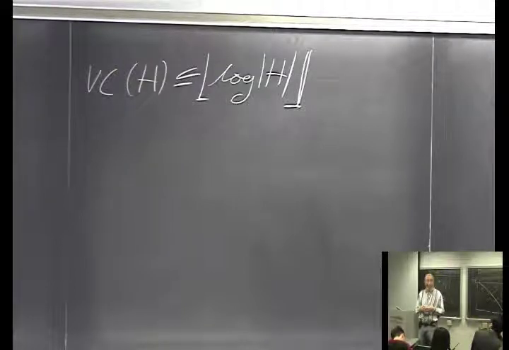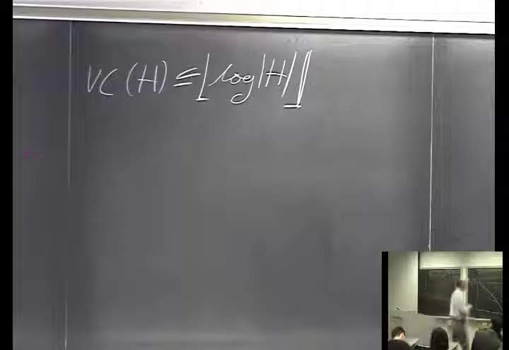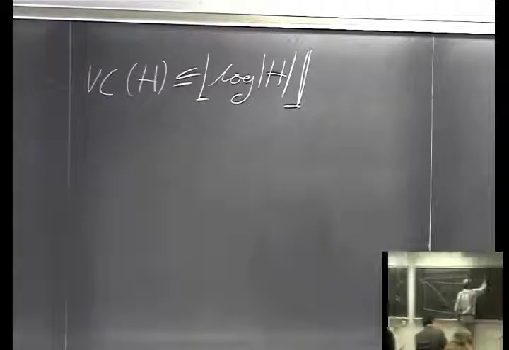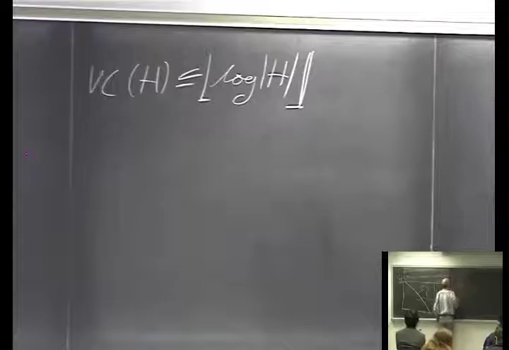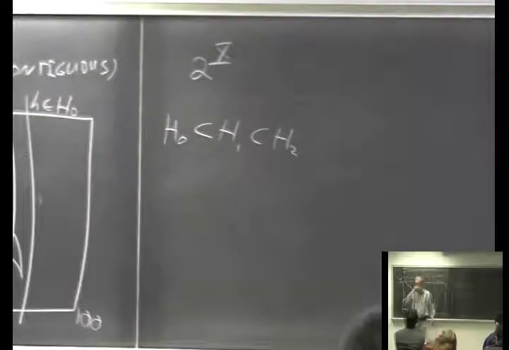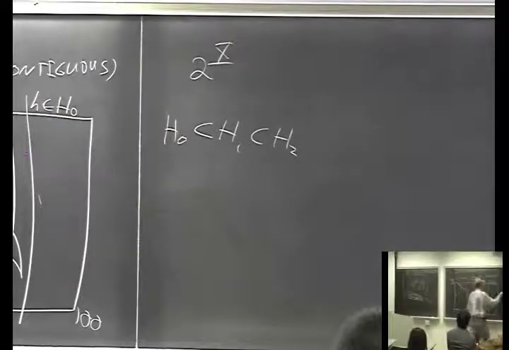That would be the case if your hypothesis space is every possible function. Right, that's the case we discussed a long time ago when generalization is not possible. We have no bias. Any possible function, so there are 2 to the X possible functions, where X is the size of the input space.